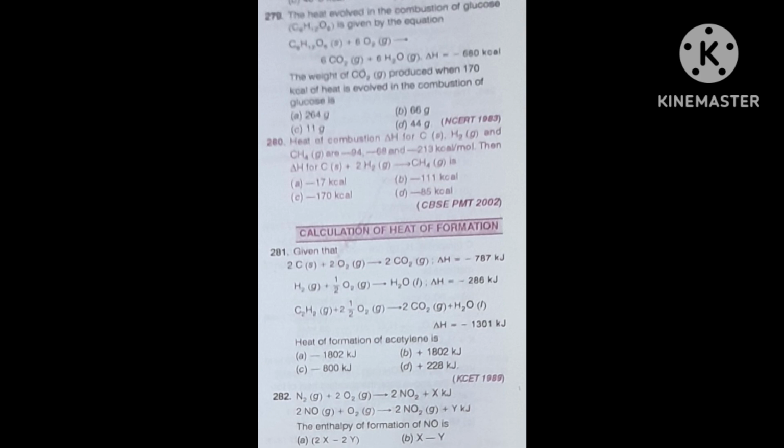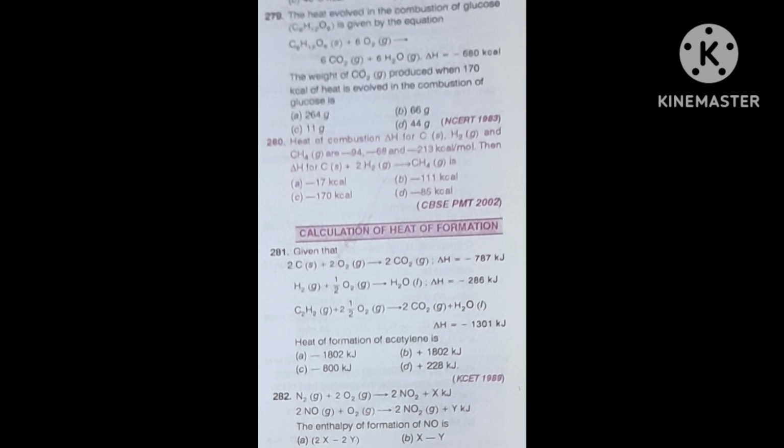Reaction is given. You see the question. The heat evolved in burning 39 gram of benzene in an open vessel. You have to calculate the heat evolved by burning 39 gram of benzene in an open vessel. And options are given.